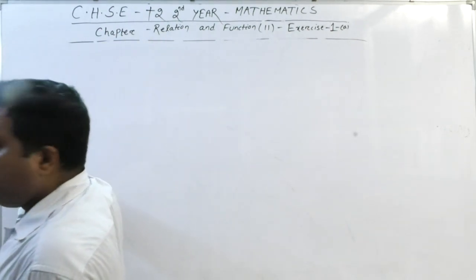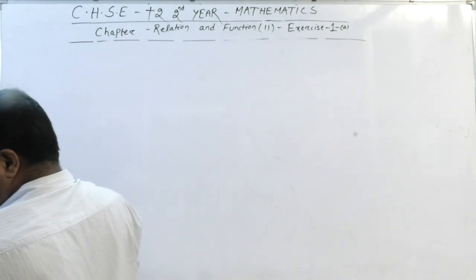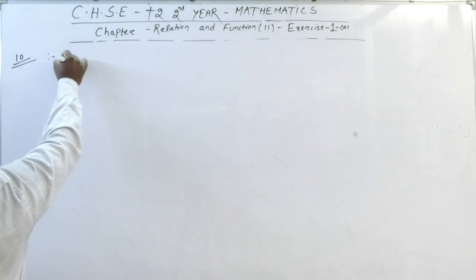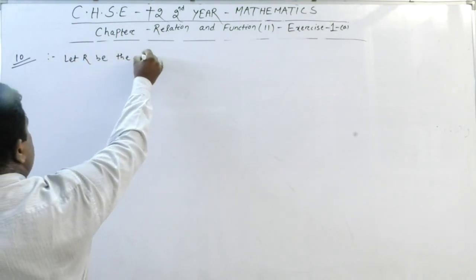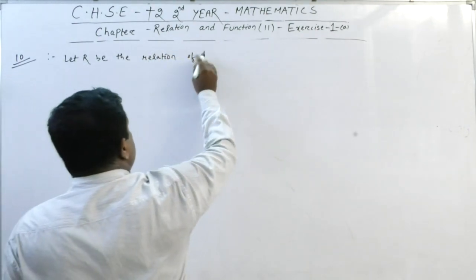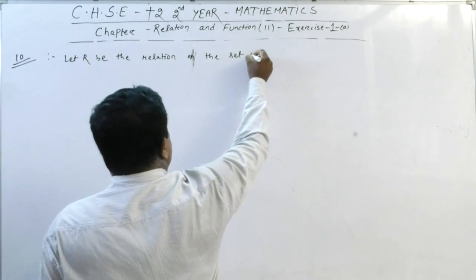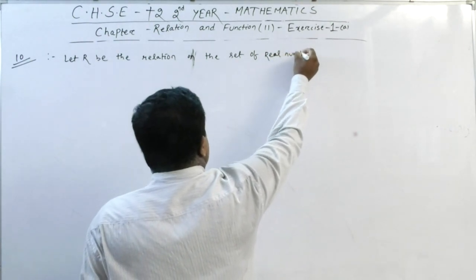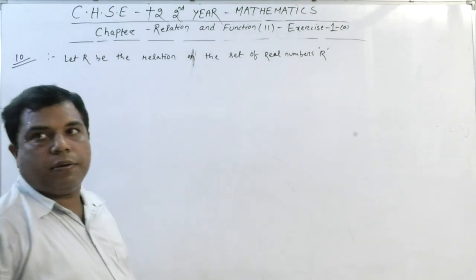So you see, what is question number 10? I am writing the question first. Let R be the relation on the set of real numbers. You know the set of real numbers is denoted by the capital R. Okay.